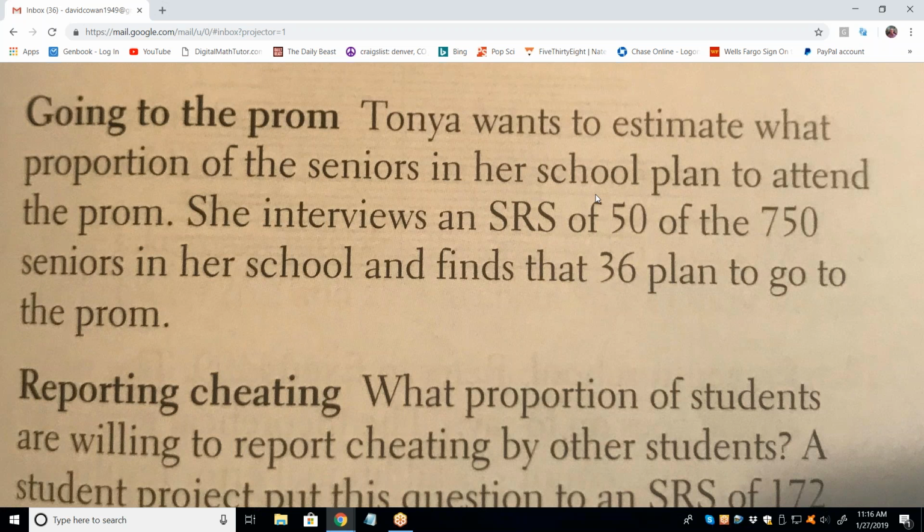If she interviewed all 750 seniors, she would find how many were going, and that would be the true mean. But she doesn't have the resources to interview all 750, so she takes a random sample. And the only number you can get from this is 72%.